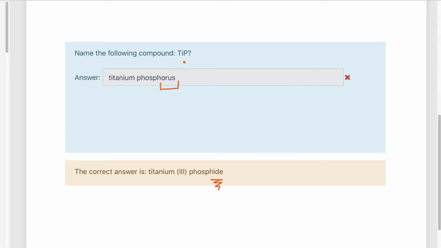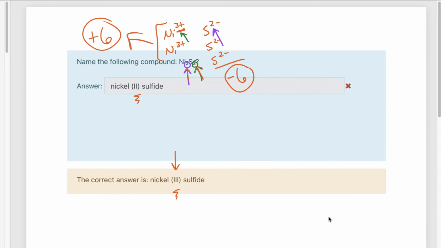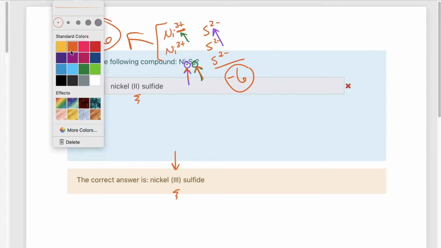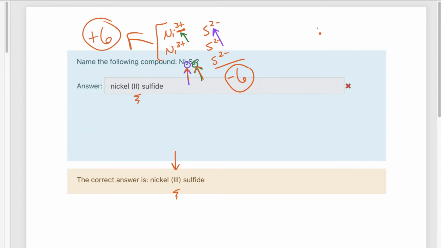Now notice on this one, this is coming in at a 1-to-1 ratio. Well, again, like I said up top, this works if the numbers are different.